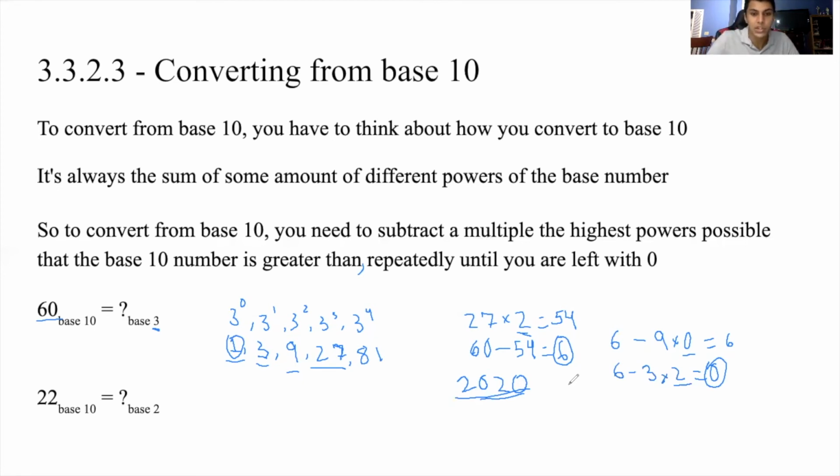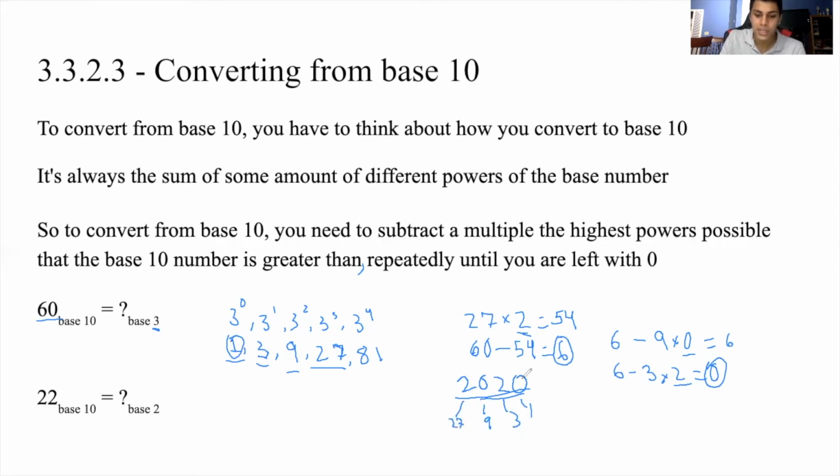And if we think about what we did, I'm going to reverse it by converting this back to base 10 to show you exactly what we did so it makes sense. We just took the place values and put them into the correct place values by figuring out how much should be in each place value, right? So in base 3, this is the ones place, this is the threes place, this is the nines place because it's 3 to the power of 2, and this is the 27s place because it's 3 to the power of 3.